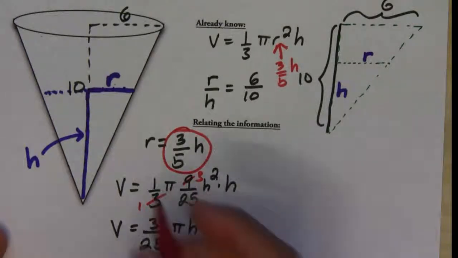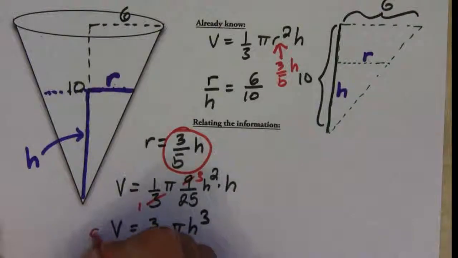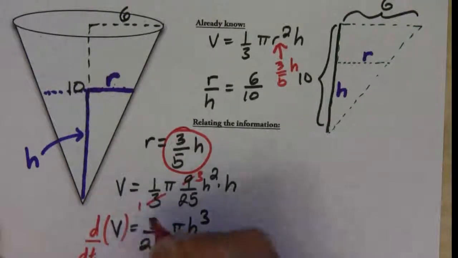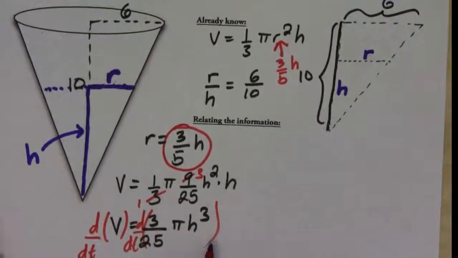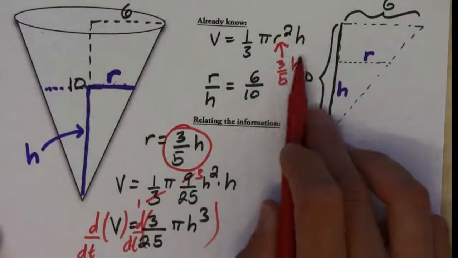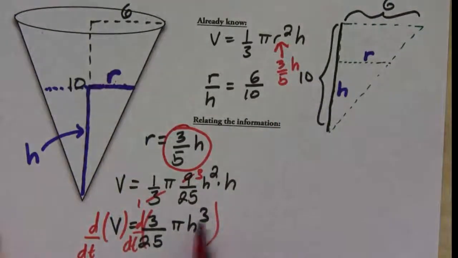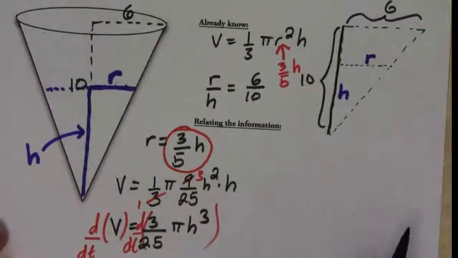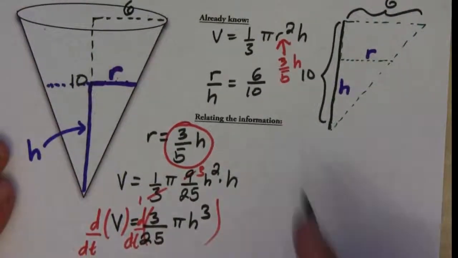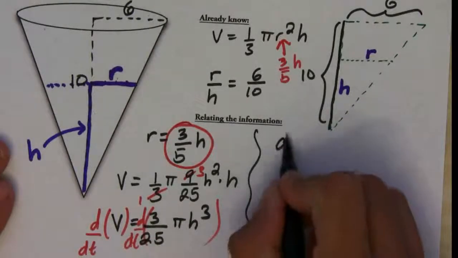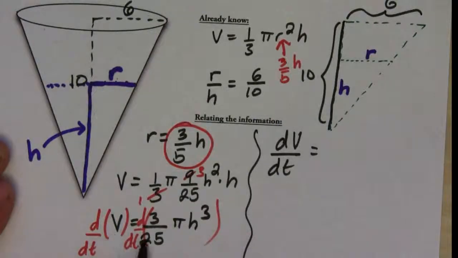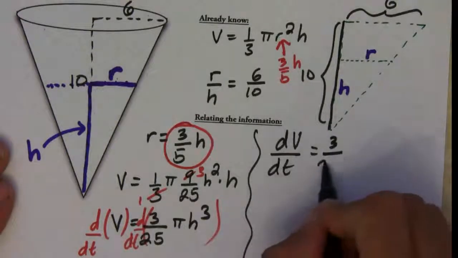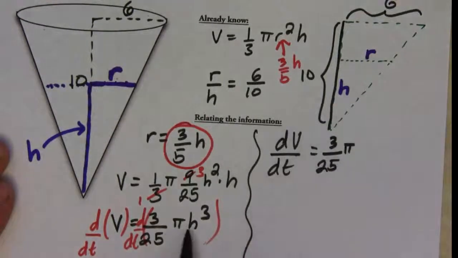And now that I have it like this, I can get the derivative of both sides with respect to time. And this is easier than it was before because I don't have to use the product rule anymore. I only have one variable. So then what I get is the derivative of the volume with respect to time is equal to, notice that 3 over 25 times pi, those are just constants, so I just leave them out of the whole thing.